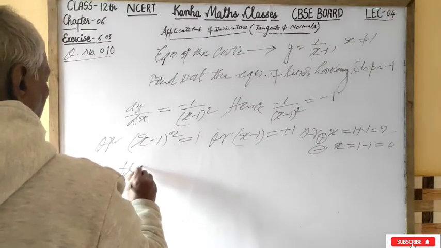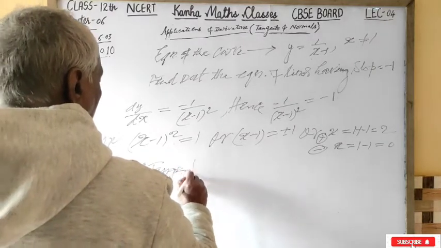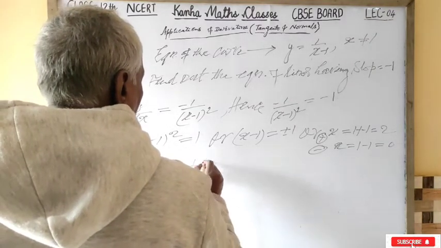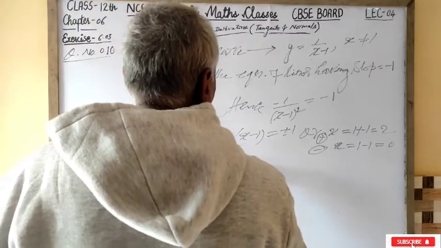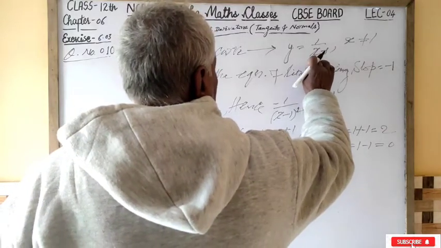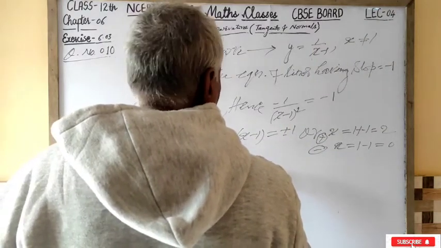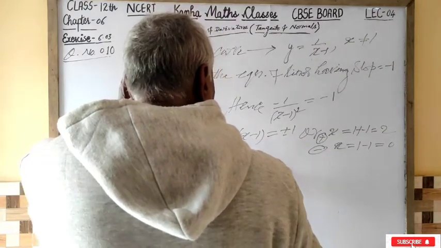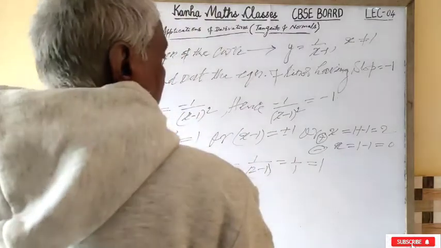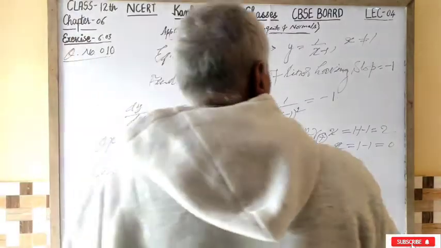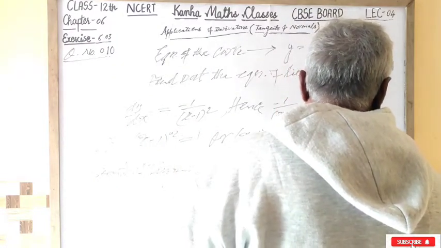Points of tangent: for x equal to 2, by substituting x is equal to 2 in the equation of the curve, y is 1 upon 2 minus 1, 1 upon 1, that is equal to 1, so the first point will be 2, 1.